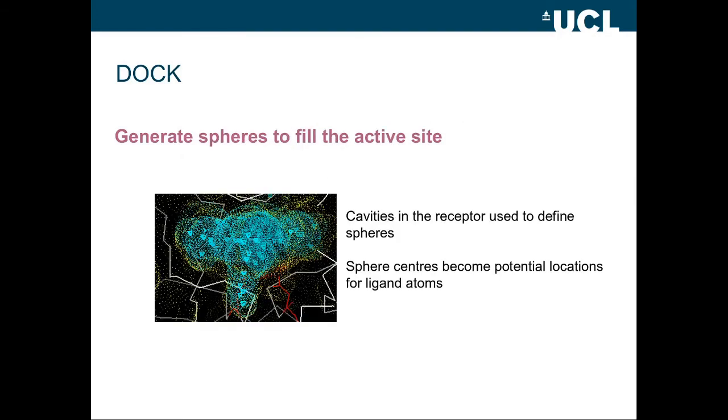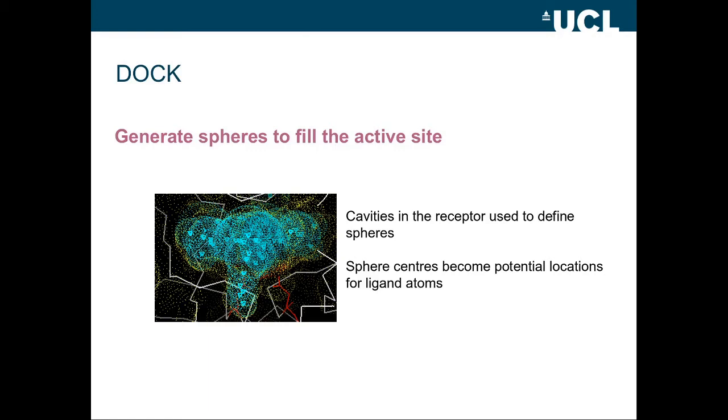The way that DOCK works is then to generate spheres to fill the active site. The cavities are used in order to define where these spheres can go. If you think of the cavity like some sort of plastic convex shape, then you could drop ping pong balls into that shape and see where they end up.